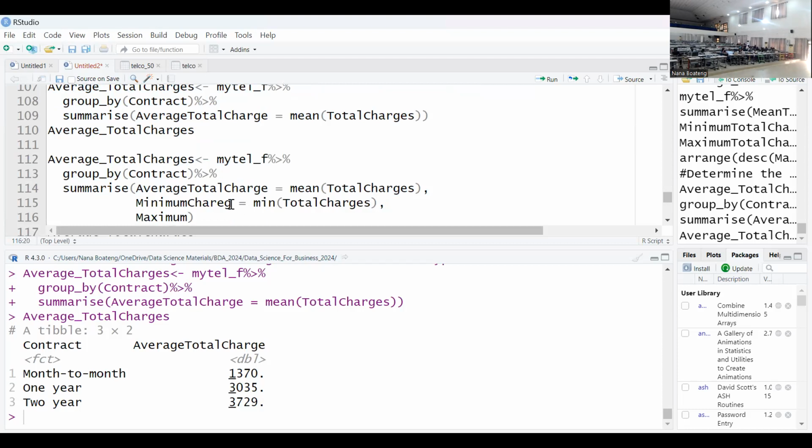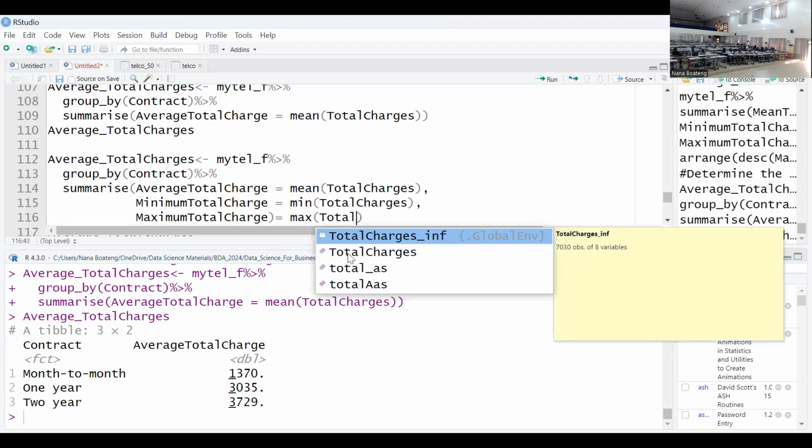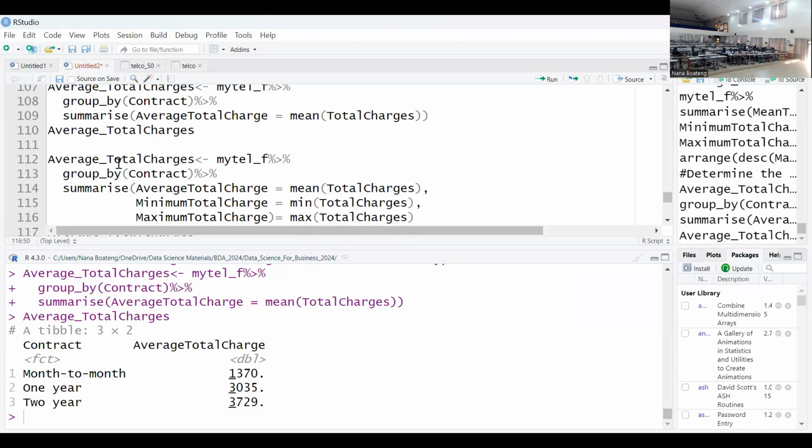Sorry, this total charge. So we can add maximum total charge. Let's make this 2. Oh no, let's change the name. So let's make it total charges all.